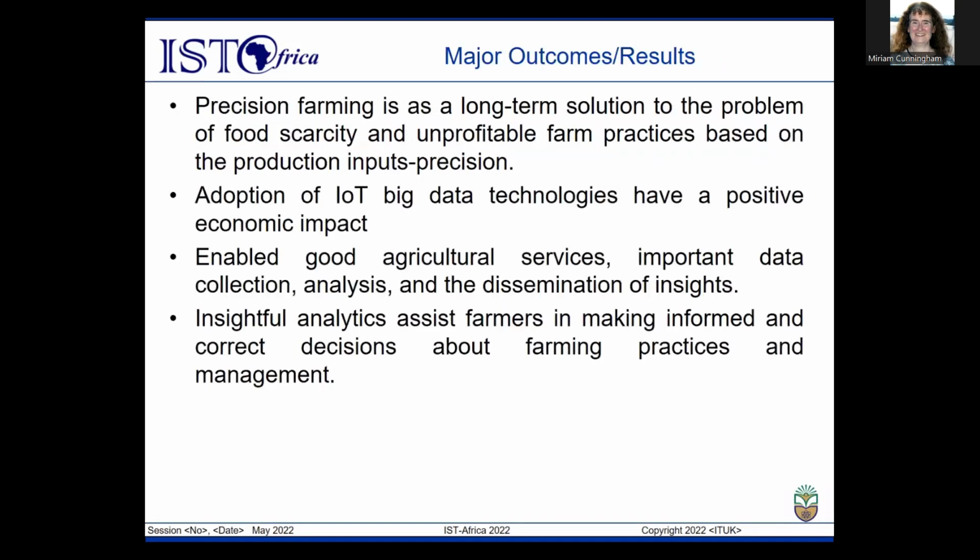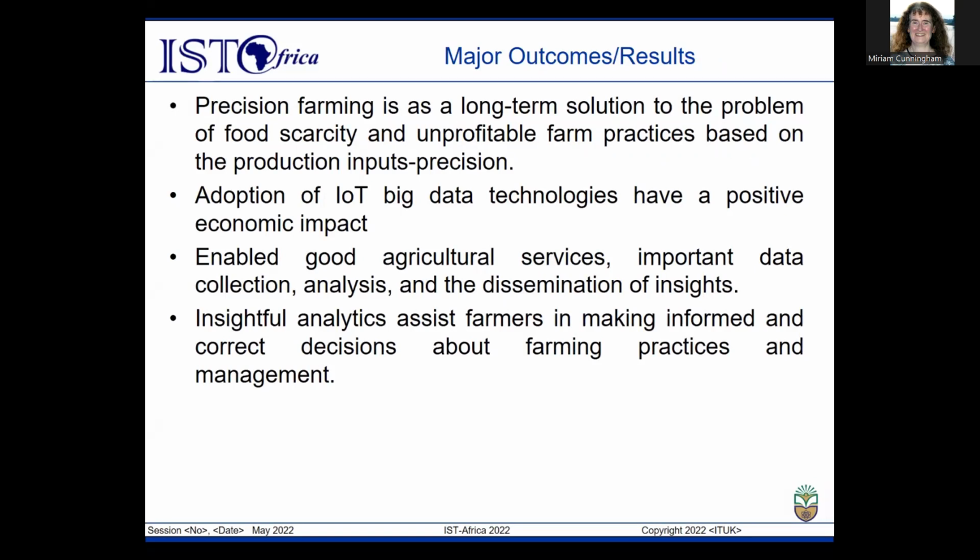Our paper's major outcomes or results. Precision farming is viewed as a long-term solution to the problems of food scarcity and unprofitable farm practices, and is based on production input precisions applied when and where they are needed to achieve the highest efficient yields.